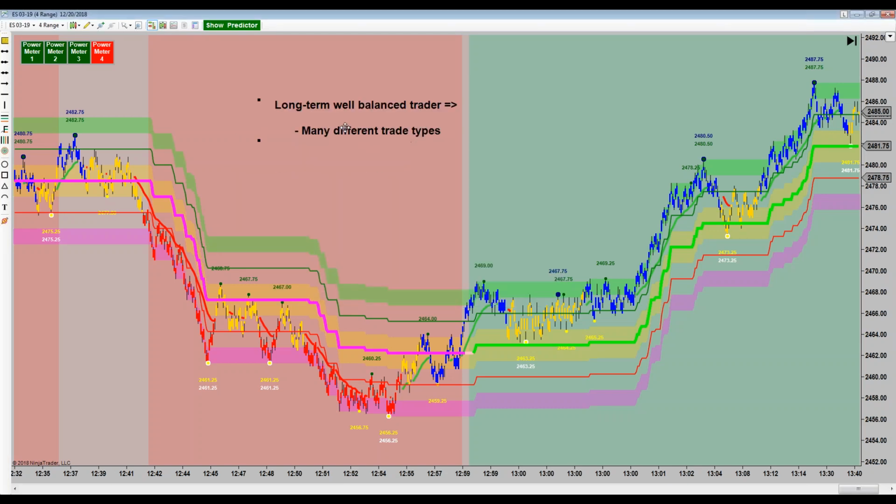And when I say that, I mean the shallow retracements, the minimum criteria, the deeper retracements, the probe trades. You just have all kinds of different trades, because that gives you, it's kind of like a carpenter or a skilled craftsman building a house.